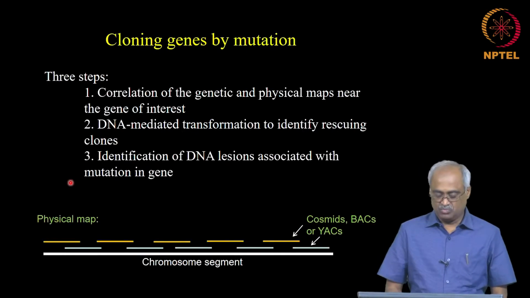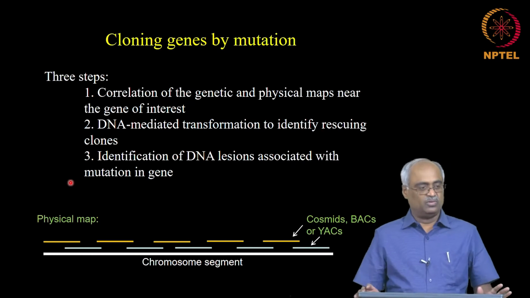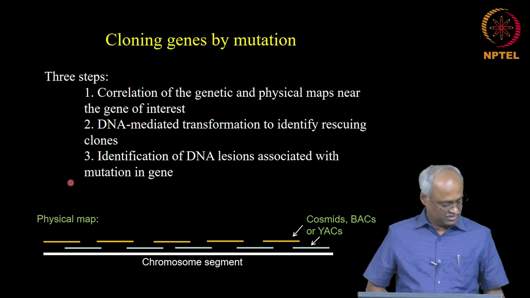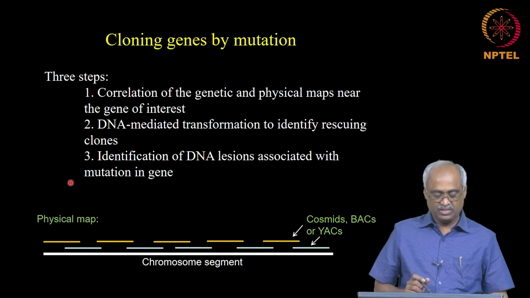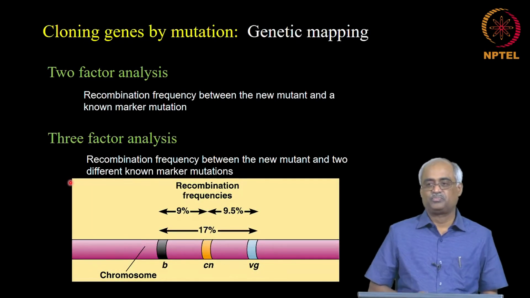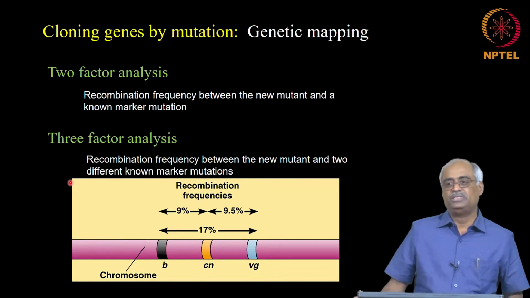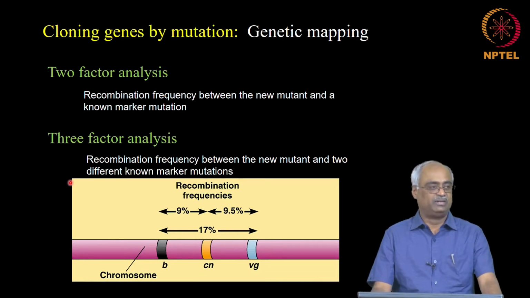There are multiple routes. I am trying to go through the most common route that is done in standard genetics. So, first we need to find out on which chromosome that particular given mutant allele is located. Okay, first you want to identify the chromosome.